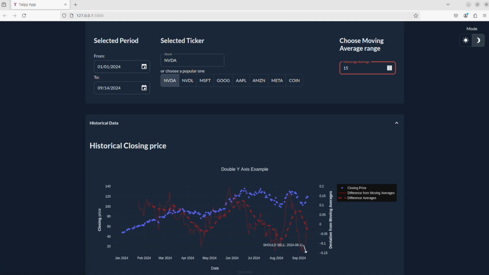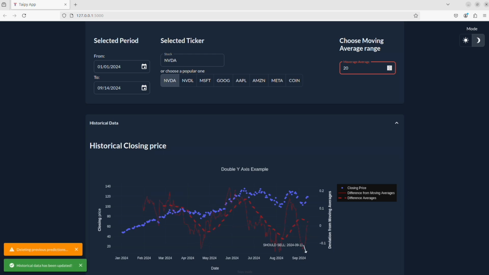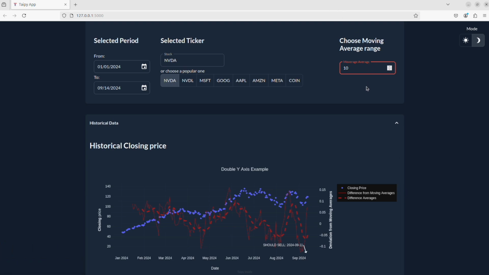I would say that probably not, but let's tinker with several more experiments. So 20, right? I would say also not so much more helpful. Okay, so I guess I would stay with 10 days. So this is the 10 days moving average we chose.